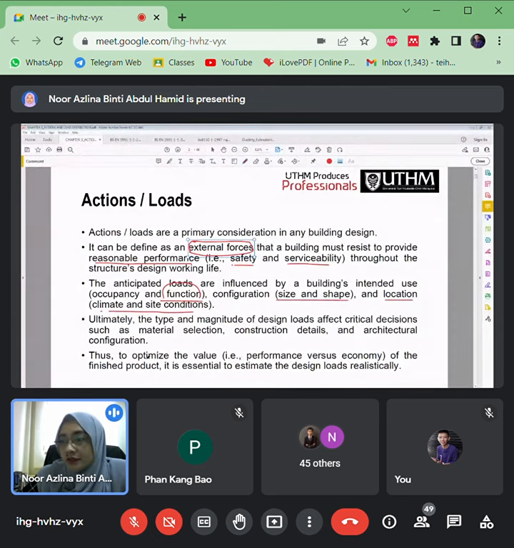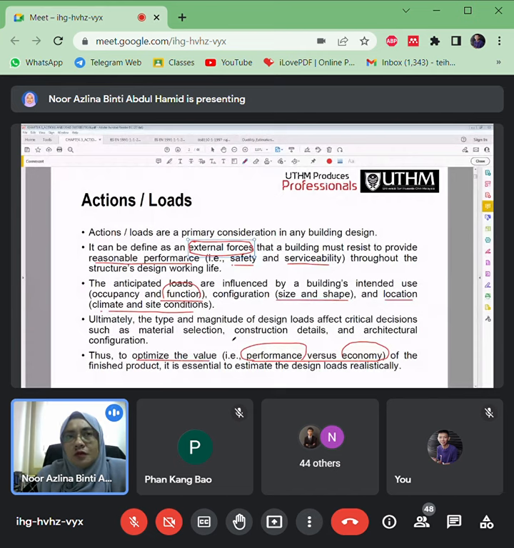At the same time, in order to optimize the value, we also have to be concerned about the budget, about the cost. Besides performance, besides safety and so on, the cost also will be our consideration. If you provide more reinforcement, which is over-reinforced, you might think that is for safety, right?